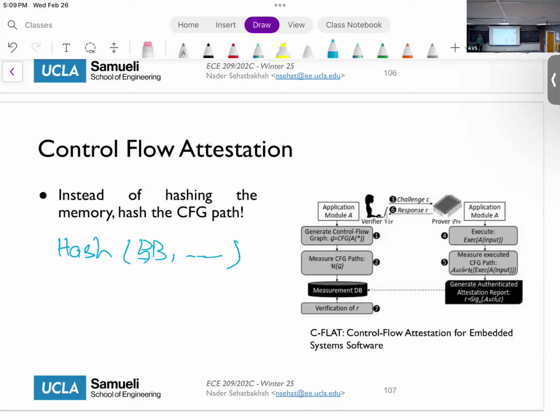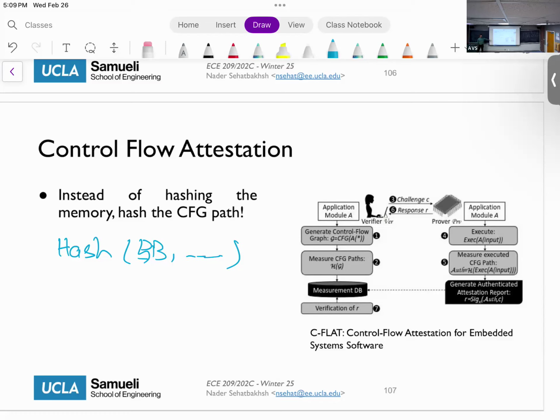This way, we can protect the system against code injection attacks, because I can always check the hash of each basic block, and I can also protect the system against code reuse, or generally any sort of control flow hijacking attacks, because I know exactly the sequence of basic blocks.